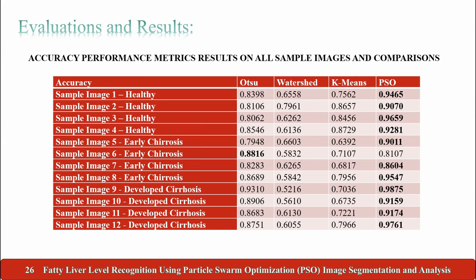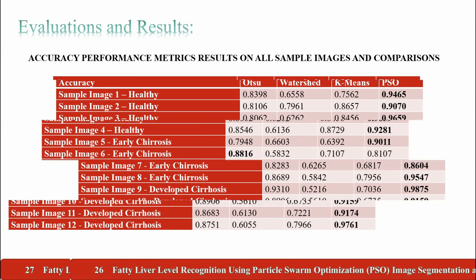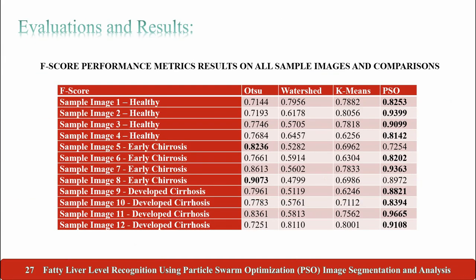For F-score, we have the same situation, except that Otsu also did better on samples 5 and 8 in comparison with ground truth data, and in the other samples, PSO outperformed the other methods.